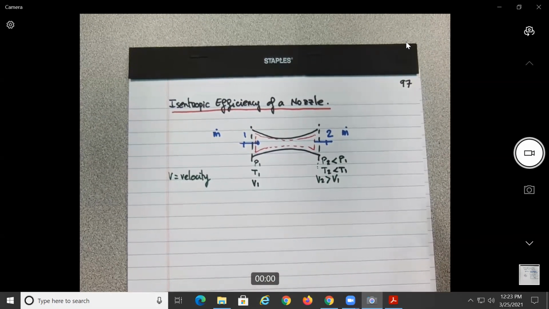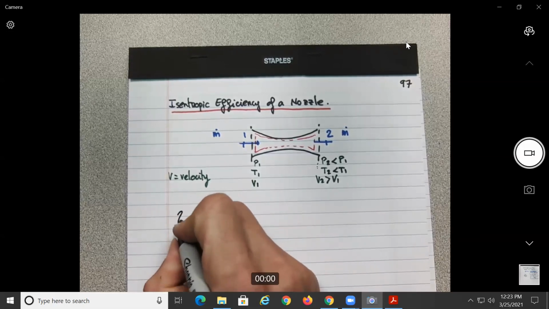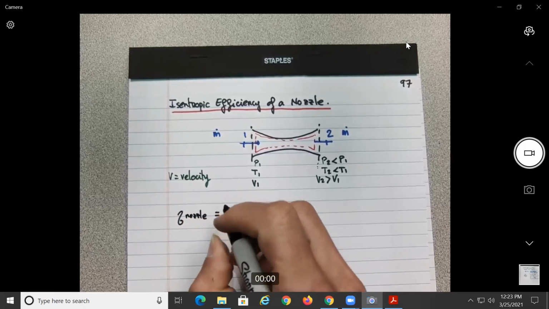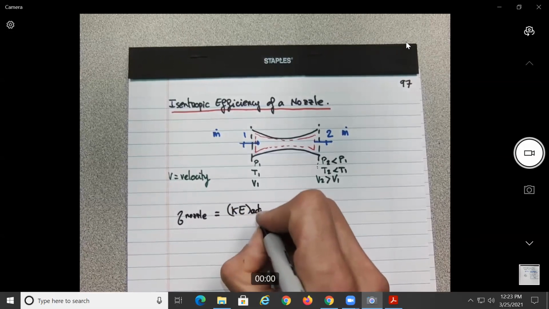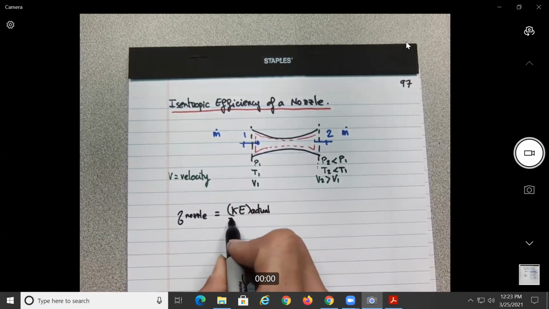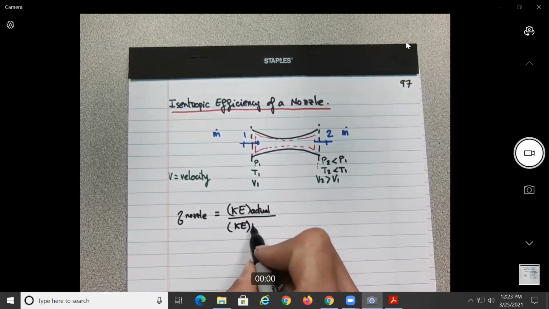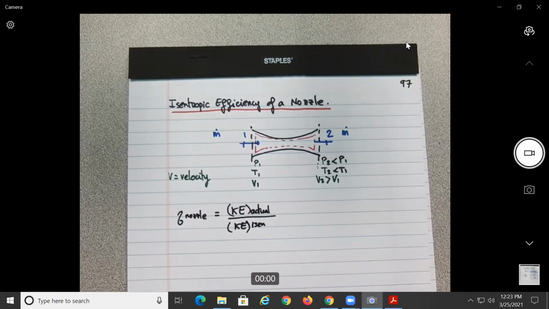Okay. So let's define the efficiency of the nozzle as being equal to the actual kinetic energy divided by the isentropic kinetic energy.